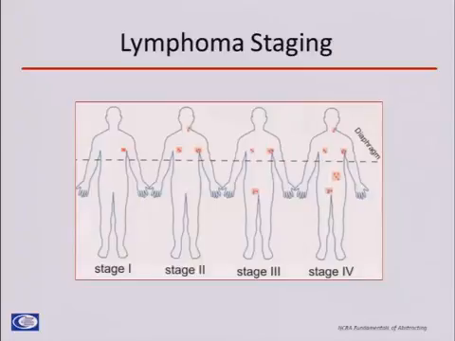Okay? And then we look at above and below the diaphragm. If you have disease above and below the diaphragm, it's stage 3. And stage 4 is above or below with some other organ or bone marrow involvement.